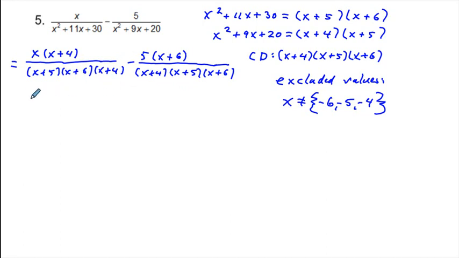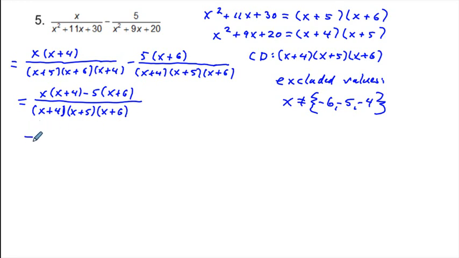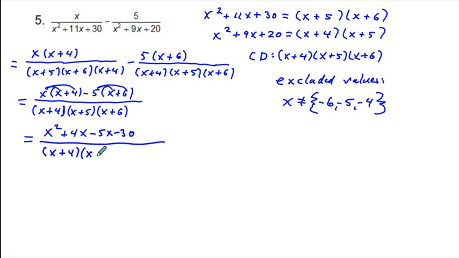And so what we have is x times quantity x plus 4 minus 5 times quantity x plus 6, and that's going to be all over quantity x plus 4 times quantity x plus 5 times quantity x plus 6, and then distributing on top we have x squared plus 4x, and then we have minus 5x minus 30, and that's all going to be over quantity x plus 4 times quantity x plus 5 times quantity x plus 6.